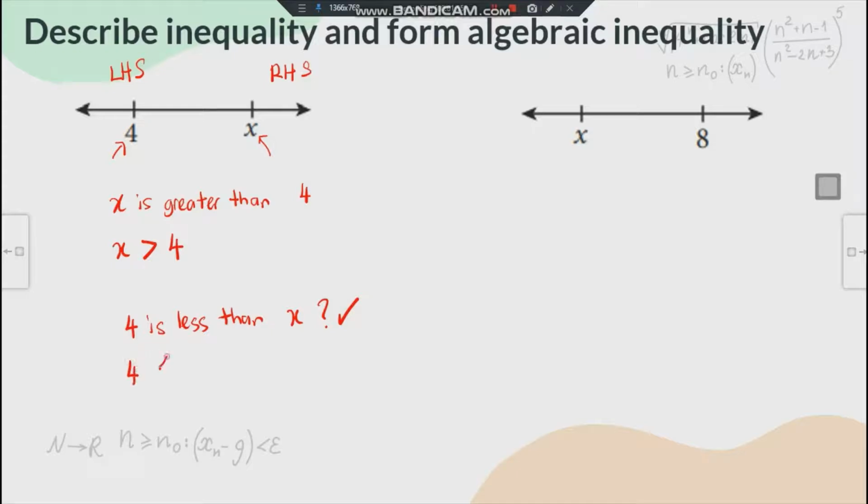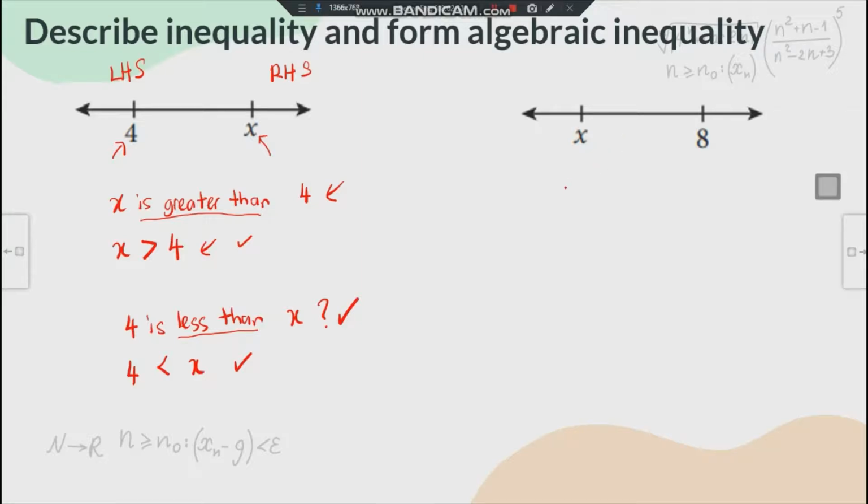Both statements are true. Depending on your question, which statement you need to use. If the question asks you to use greater than, then this one is the correct statement. If the question asks you to use less than, then you use 4 is less than x. So it depends on your question.